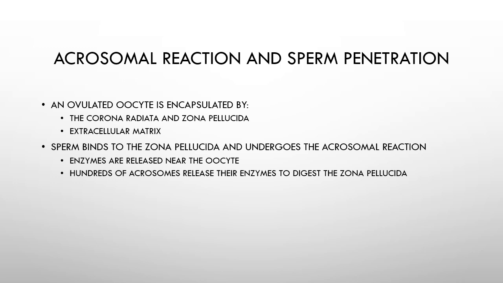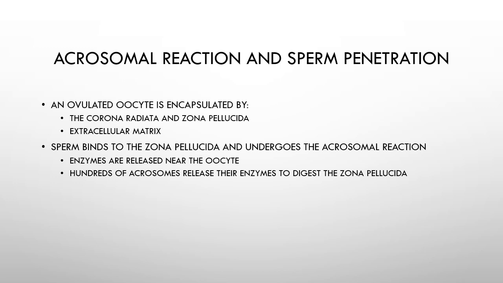And for that to occur, we have to have a reaction between the sperm head and the oocyte itself. The oocyte has the corona radiata and the zona pellucida surrounding the cell itself, and the sperm cells basically need to get through all of those layers.